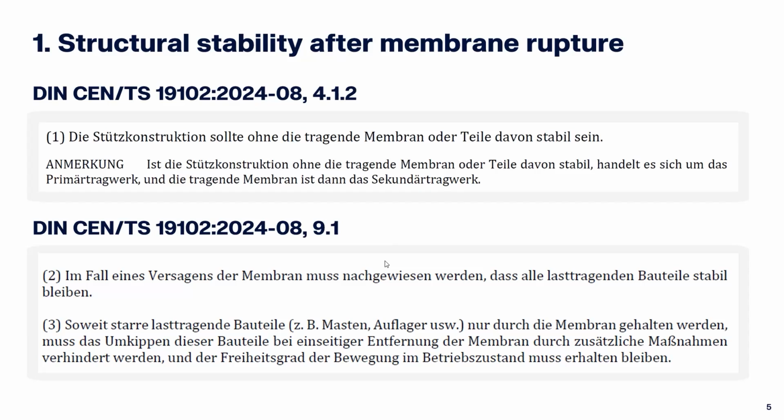In our case, our structure won't be stable without the membrane, but it hopefully will be stable if parts of the membrane are missing. And then at the bottom, we have another sentence that goes in the same direction. So if the membrane is failing, it has to be demonstrated that all the load-bearing components stay stable. So that's why we are doing this.